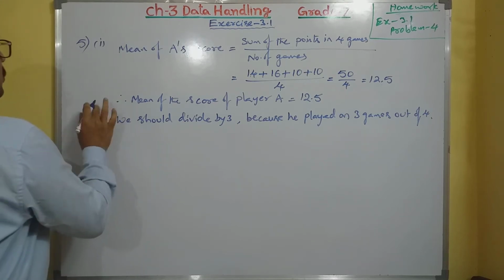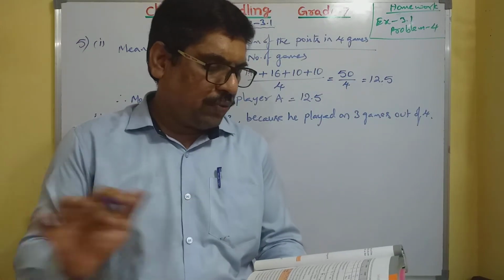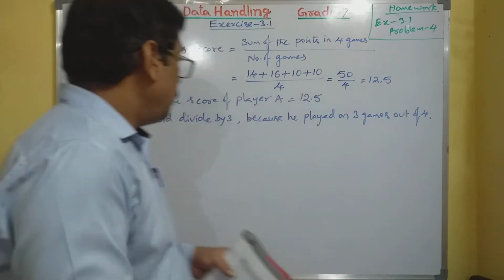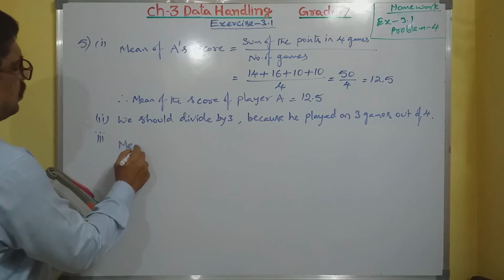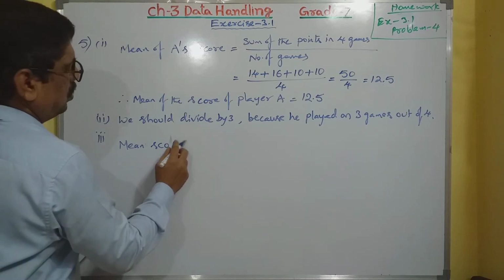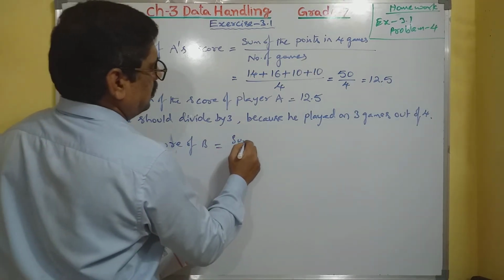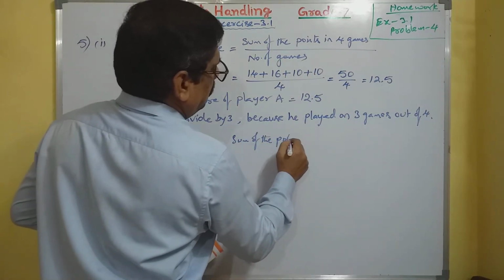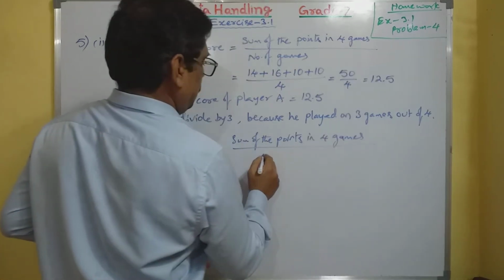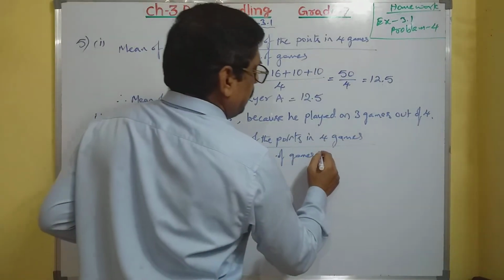Okay, now let us answer the third question from the problem. That is, B played in all the 4 games. How would you find the mean? Okay, now B. So the mean score of B is equal to the sum of the points in 4 games by the number of games he played.